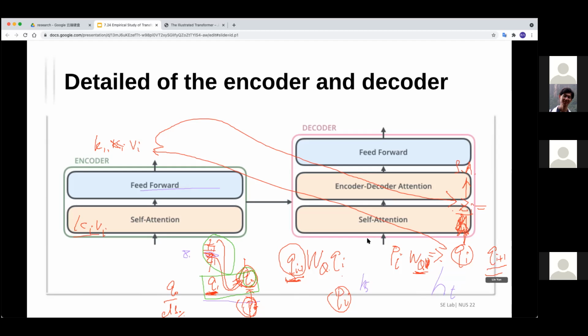You mean it comes from the Qi, or from the Ki+1 and Vi+1? I mean, this Qi will be compared with Q1 up to Qi. So it will not look at the T1 here. It will not look at the previous output. Oh, yeah, right. So this line is incorrect.